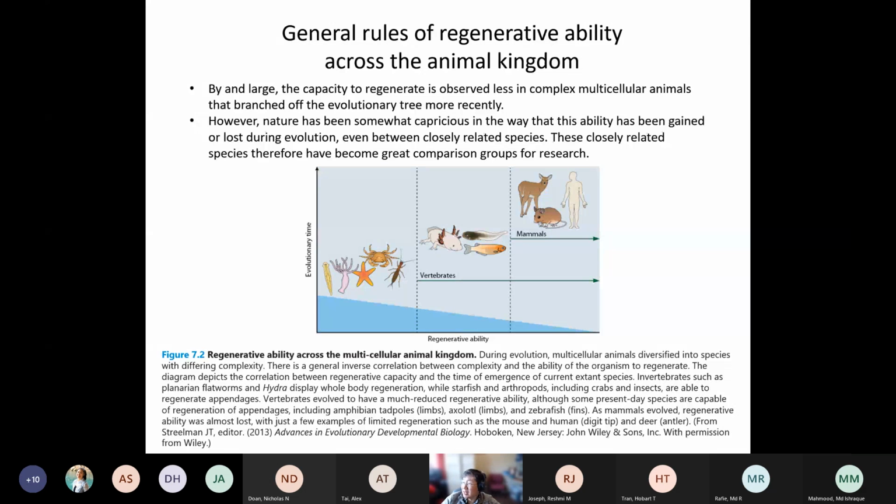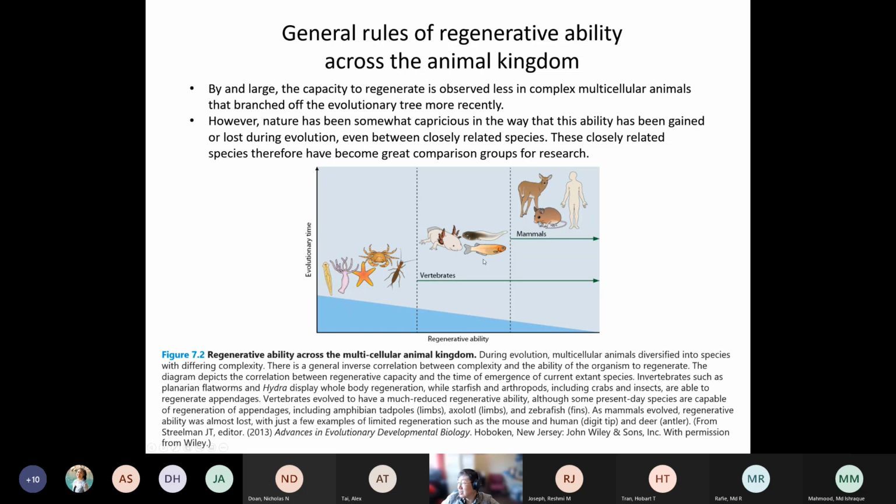So if one of the limbs is removed somehow, sometimes when a predator pulls their leg, they will just remove the leg and then escape. But usually within about a month to 2 months, they can regenerate that limb completely.